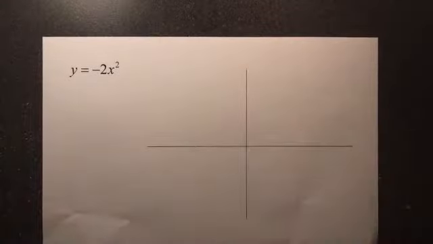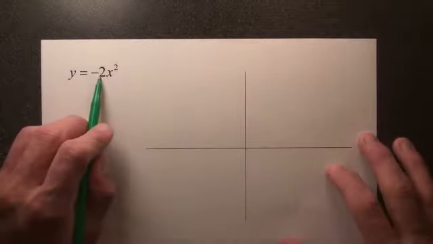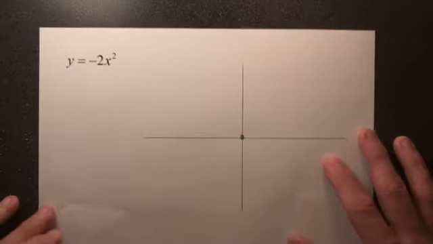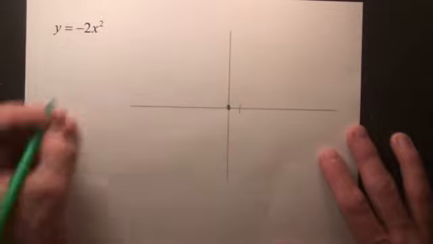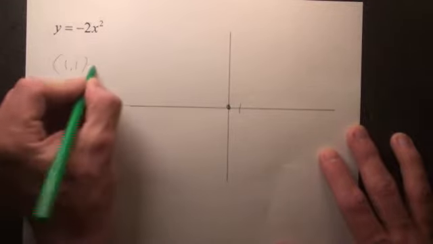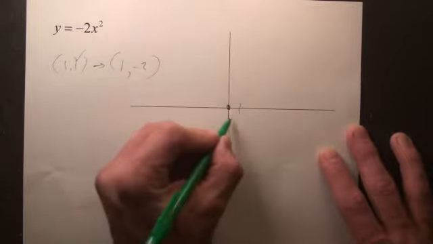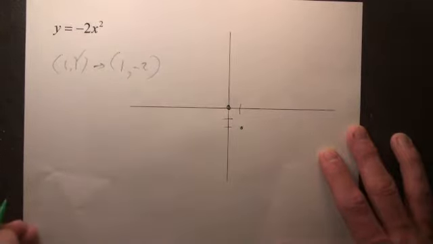What is this telling us to do? It's telling us to take the y values and do what? Multiply them by negative 2. So 0, 0. All right. Instead of 1, 1, we're going to go what? 1, comma, negative 2. All right.